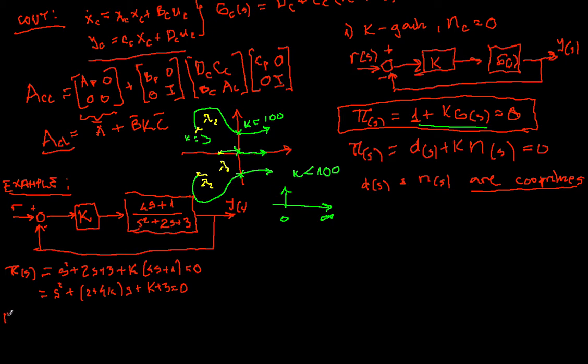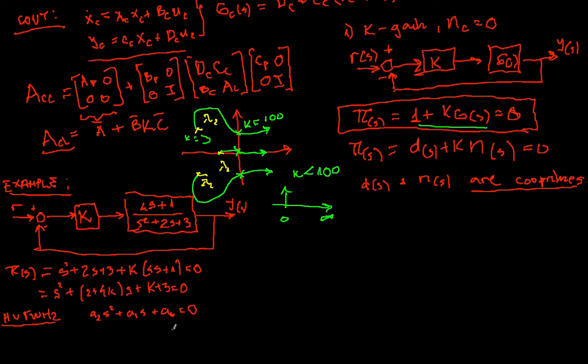From the Hurwitz criteria, we can inspect the coefficients of the characteristic polynomial and find out if the system is stable, and the condition is that there is no sign change in the coefficients in the Hurwitz table.